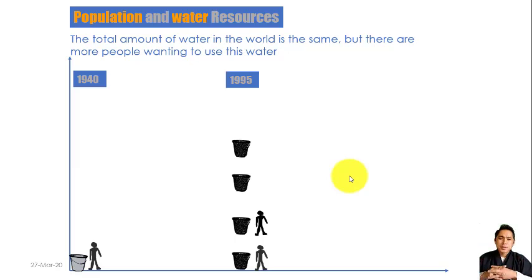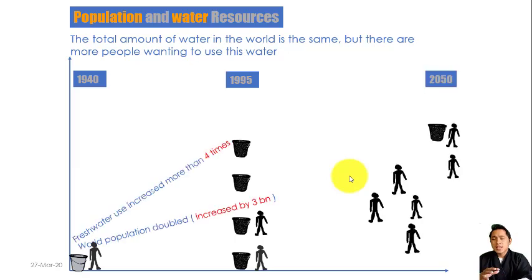And when population doubled itself, again with developmental activities going on, the requirement of water increased. So one person now actually uses around twice the amount of water that was used in previous years, like the 1940s. So again, increased amount of water.